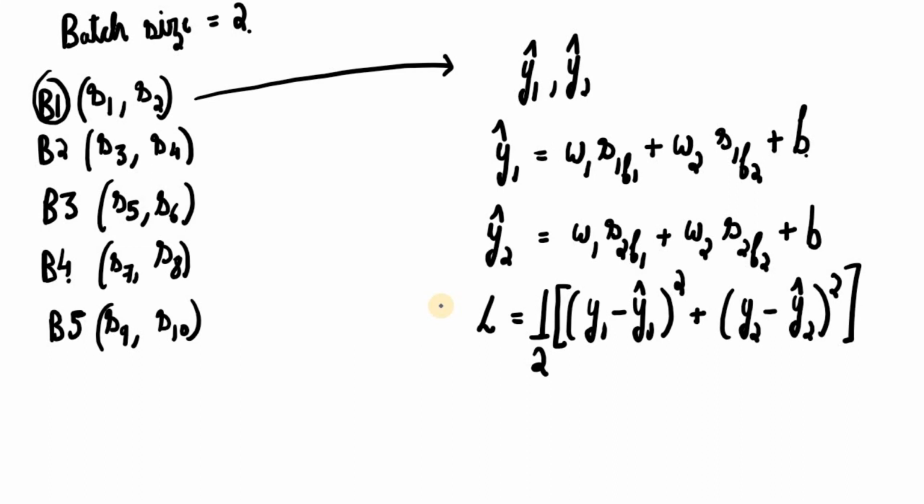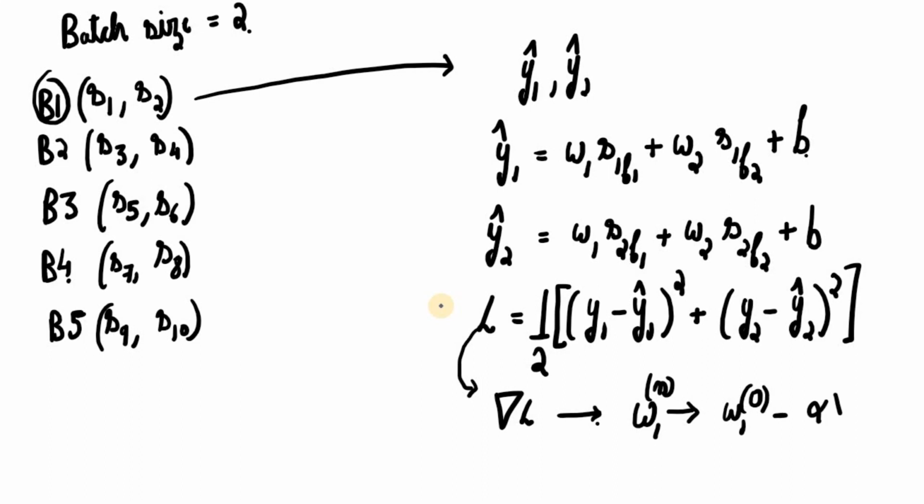So this is going to be your loss function, and using this loss function you are going to calculate the gradients, and using these gradients based on how big the loss is, you are going to update the parameters like w1 new is going to be w1 old minus alpha times grad of W1 L. Like this way you will be doing the updation.